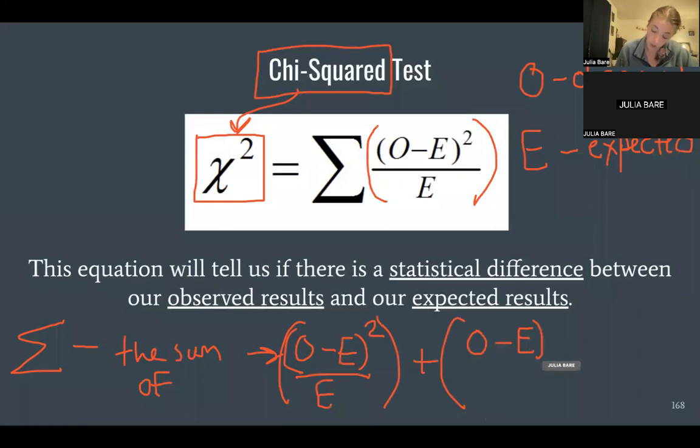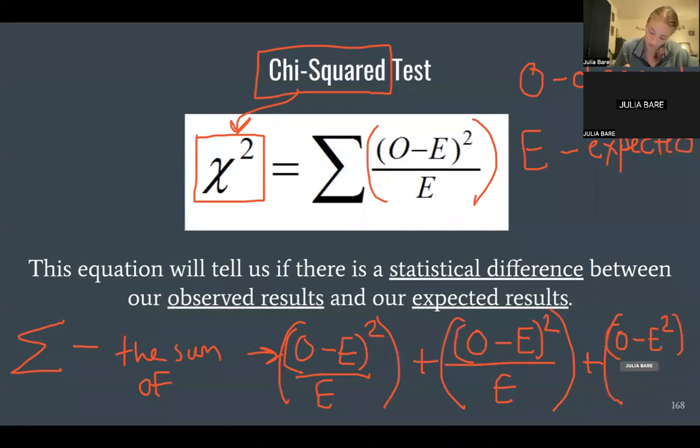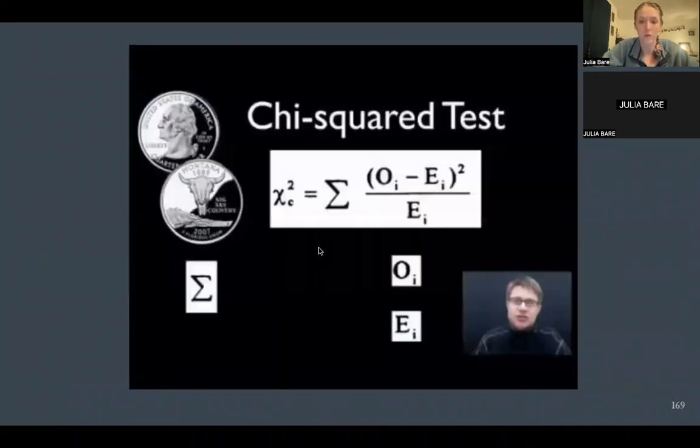Whether that's genotypes, because you can do this for experimental design, you can do this for genetics, you can do this for a whole host of different scientific analysis, right? Okay, so that's what the sum of means. It means that we are taking multiple repetitions of the same equation. And this is going to make sense once we look into our first problem.